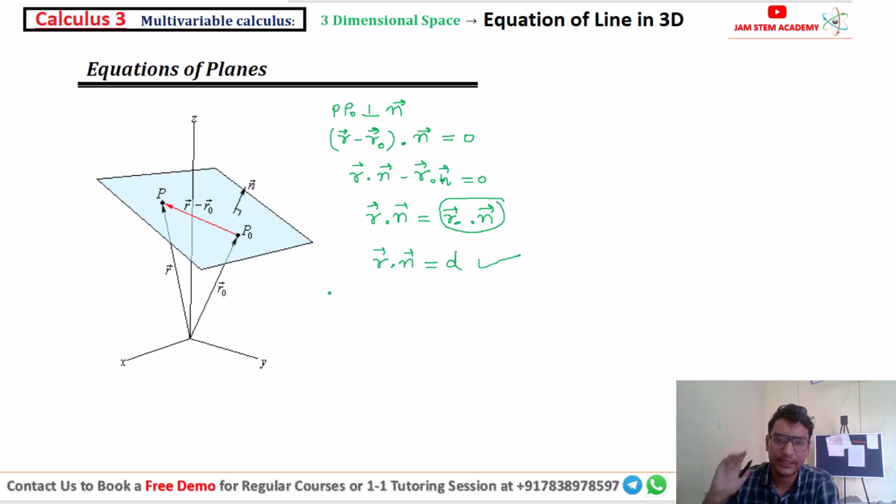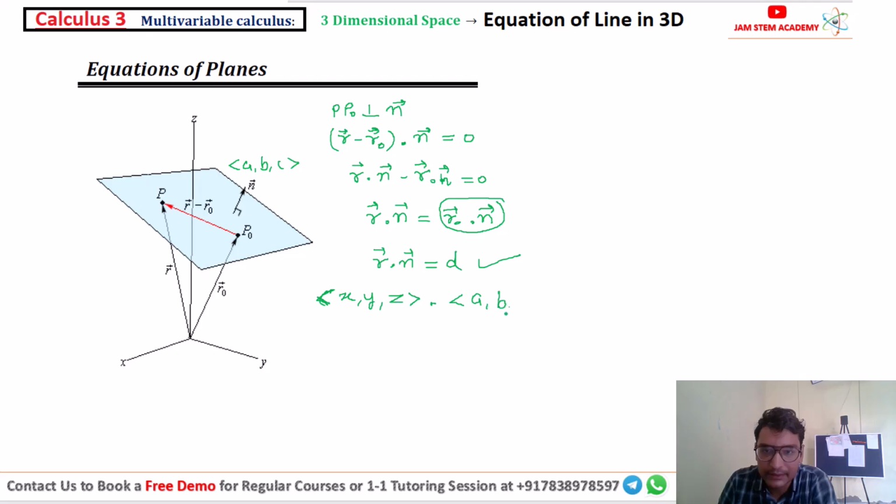Next, in place of r vector, if I write x, y, and z, and for n vector the direction ratios are, let's say, a, b, c, then the dot product of x, y, z with a, b, c is going to be a constant number, let's say d. How do we take the dot product? We just take the product of the corresponding numbers.